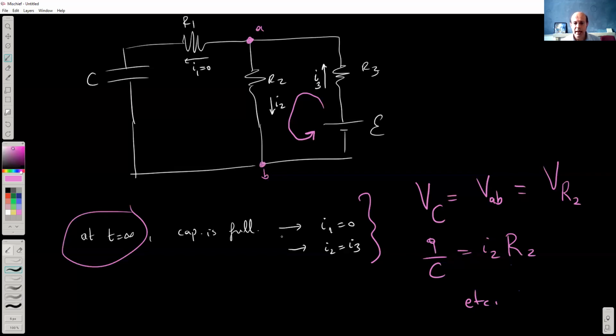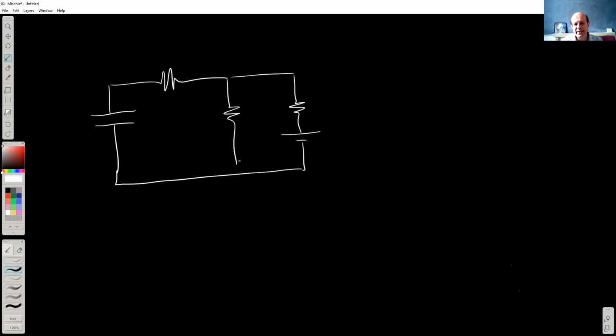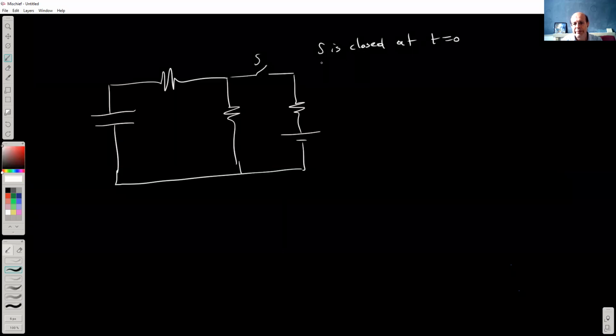Okay, another thing in these kind of circuits. Again, let's talk about the circuit, and suppose there's a switch in here. Let's say S is closed at t equals 0.